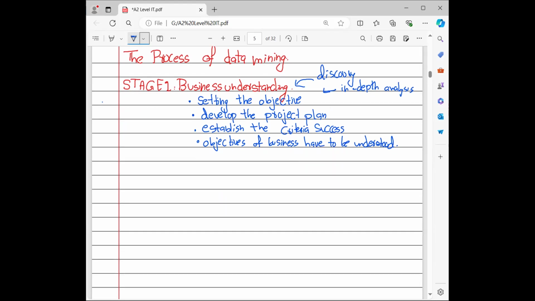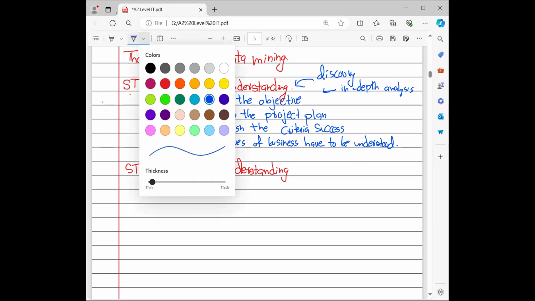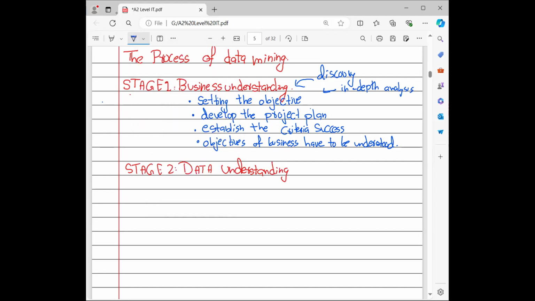The first stage is your business understanding, and here you set up the project, you develop the project plan, you establish the criteria. Now moving on to the second stage that we have right here, which is our data understanding. Right after the business understanding, now that you are quite aware of the business, you need to move on to stage two.